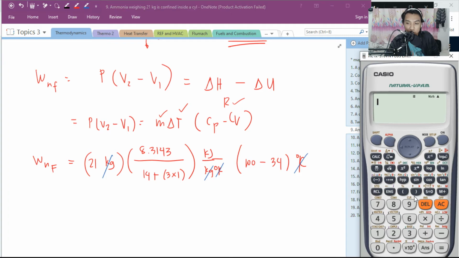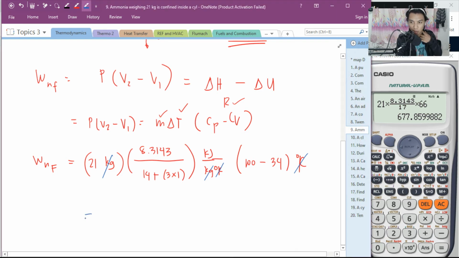So, that is 21 times 8.3143 divided by 17, multiplied by 110 minus 34, that is 76. The answer is 677.86 kilojoules. That is the answer for number 9.